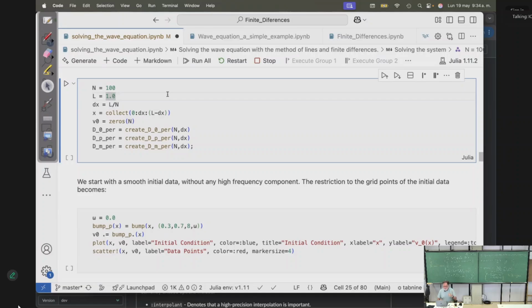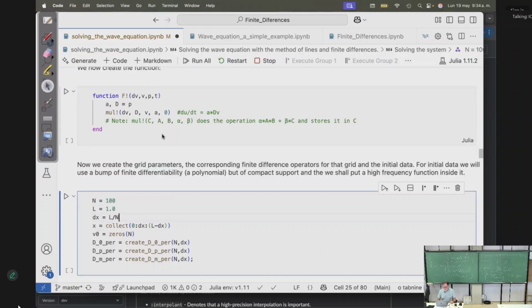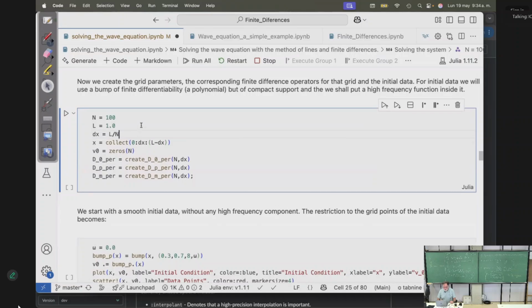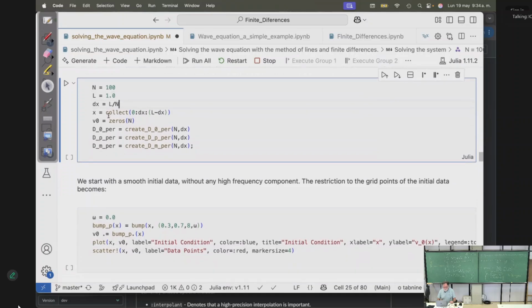Okay, yes. Okay, so for doing the real calculation, we'll take n equal to 100, L equal to 1, so that's the size of the circle, dx equal to L over n. We are going to put equispaced points, so we take points between 0 and L minus dx, equispaced with dx. So here we are taking just to the point before the end, right?